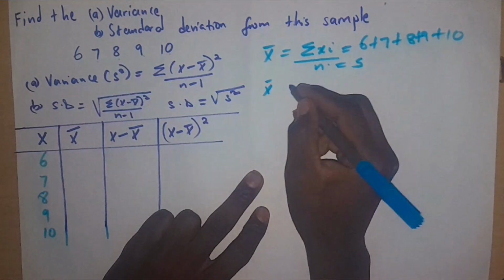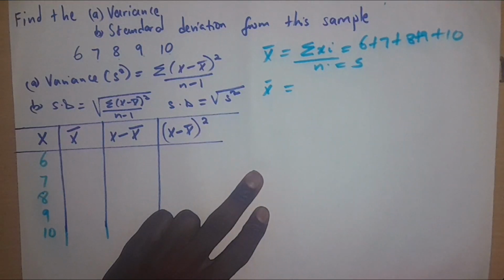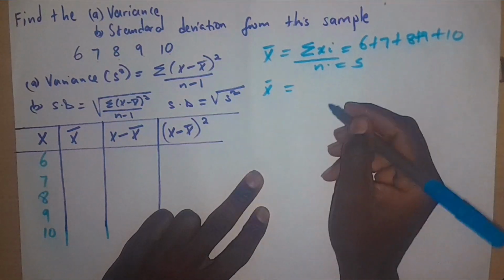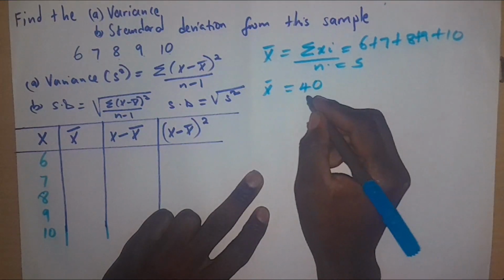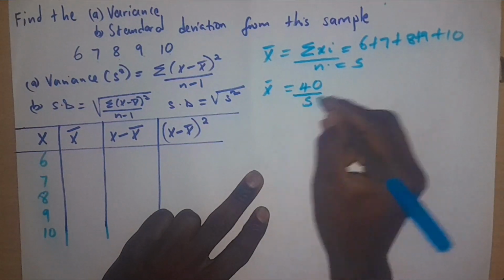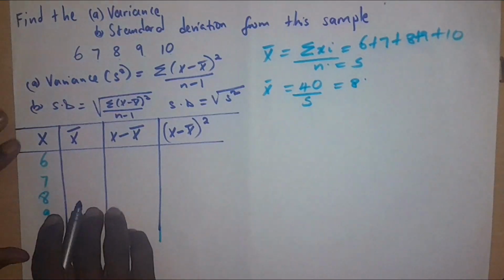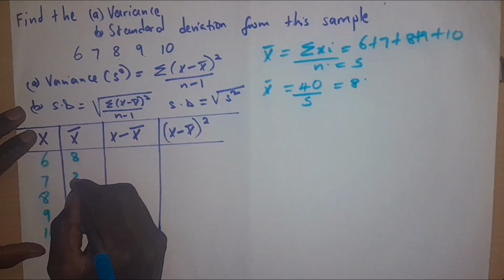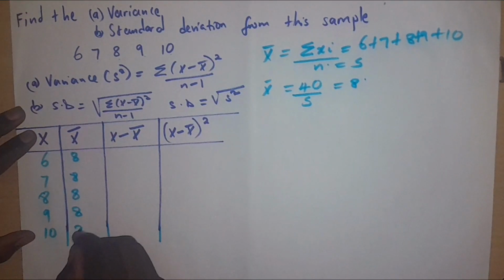If we punch this into the calculator, we find that the summation is 40 over 5, and the mean is equal to 8. So here I'm going to write my mean, 8, 8, 8, 8, 8.